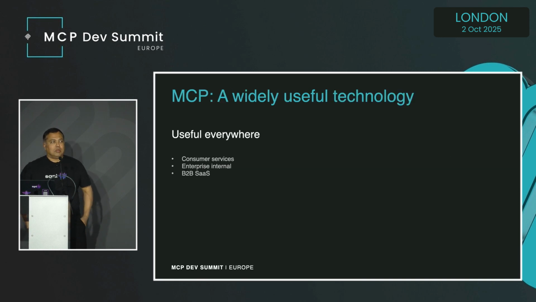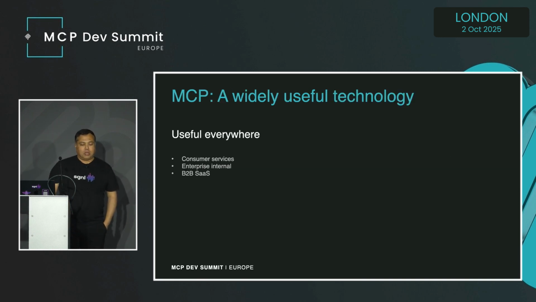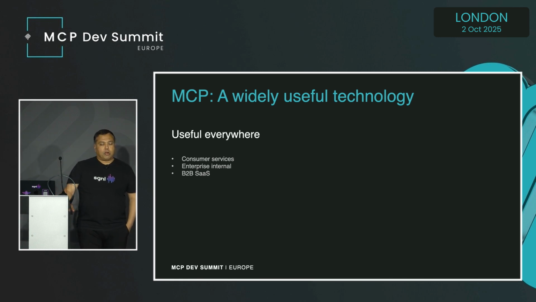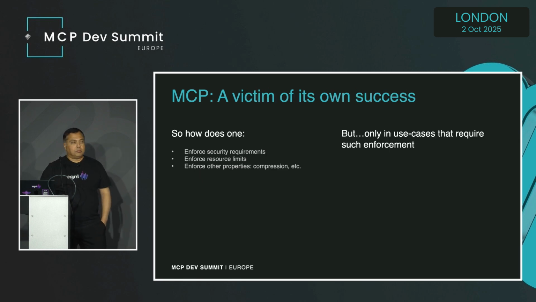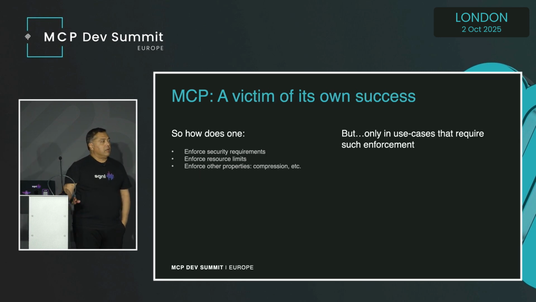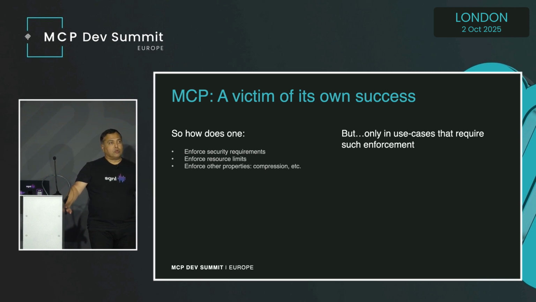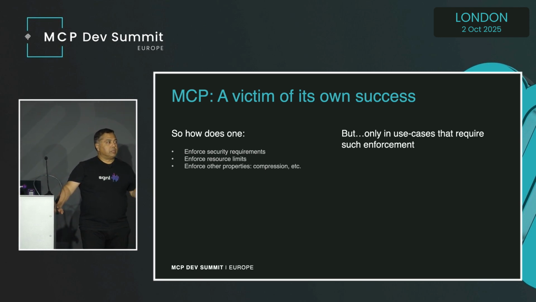So the thing that I think everybody recognizes is that MCP is a very broadly applicable technology. It can be used in the enterprise, in consumer situations, internal, external. Everything can be done using MCP, and that's one of the problems: because it is so broadly applicable, how do you enforce certain policies which are only applicable in very specific use cases?